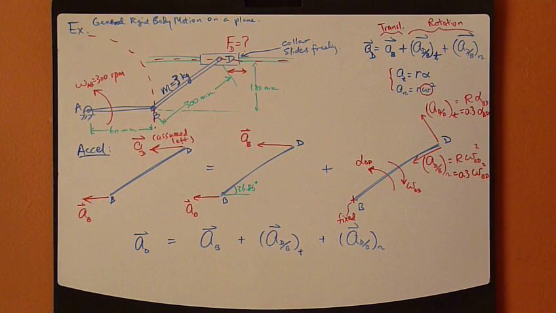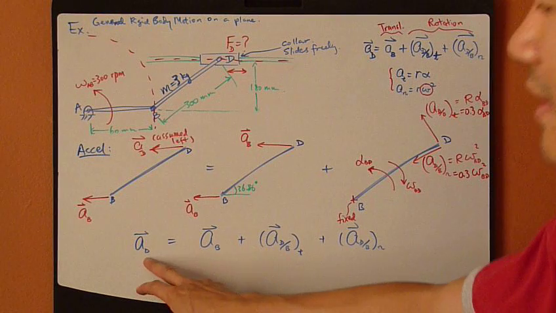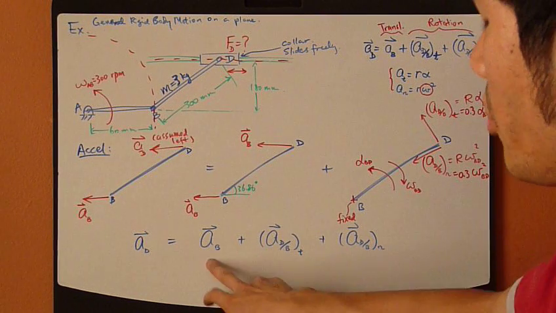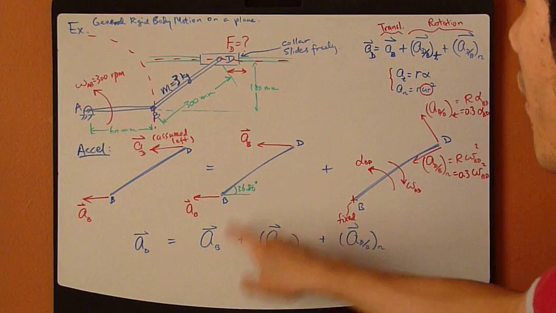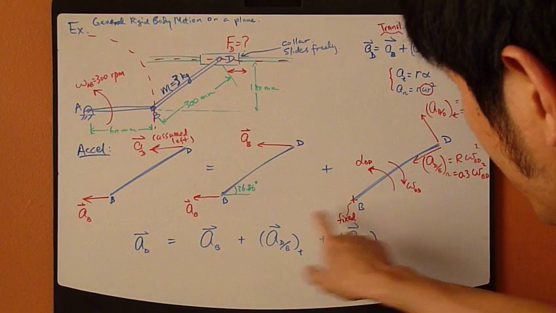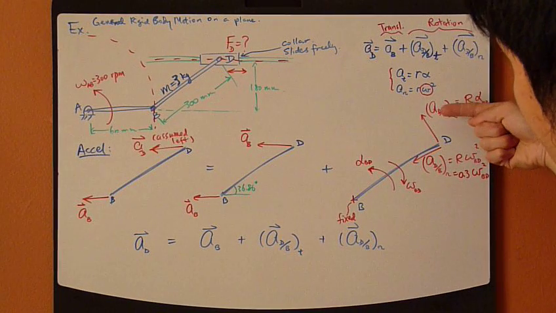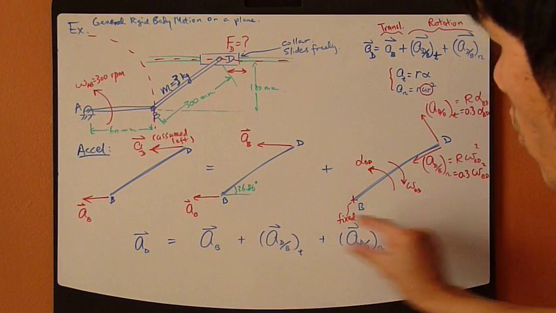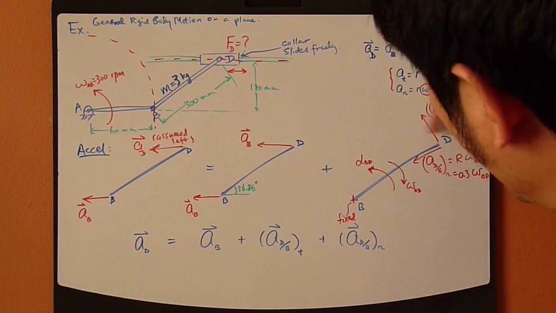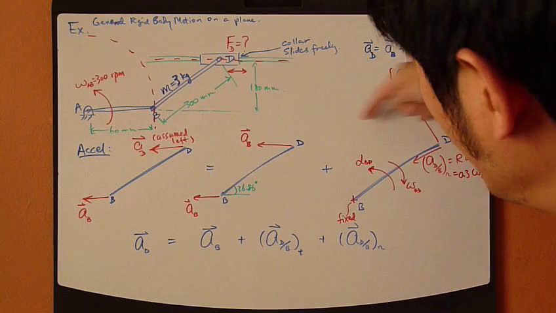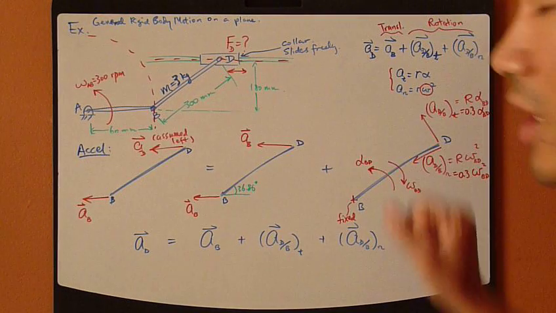So you write down the equation for point D. Acceleration of point D equals pure translation, which is point B, AB, plus these two guys right there. So this equation can be constructed by looking at this point D in these three pictures.